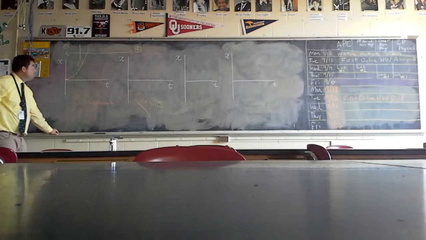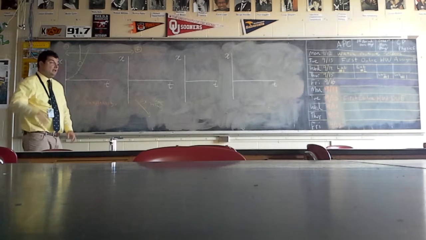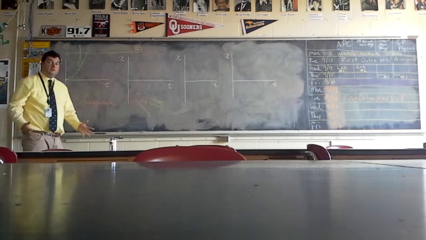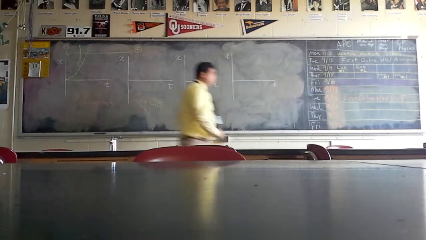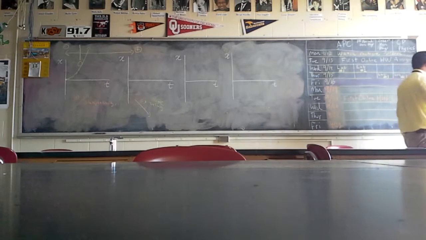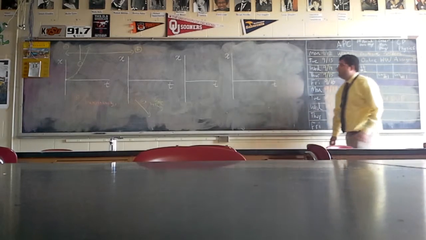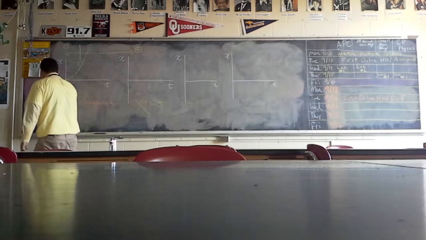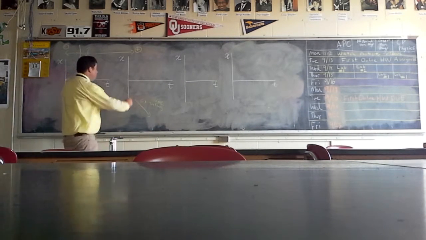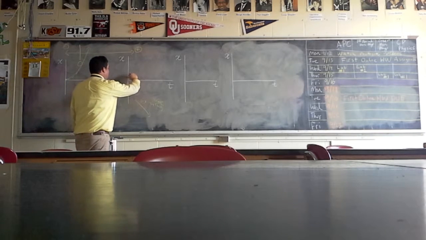Let's try another one. I'm going to start here, I'm going to start fast, but I'm going to slow down. And I'm going to move in the positive direction. So think about what that might look like. So, still at the origin, but now I'm starting off steep.